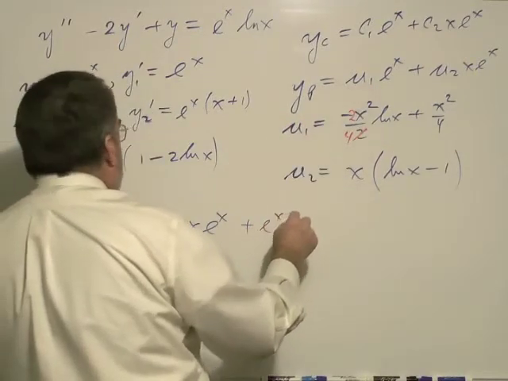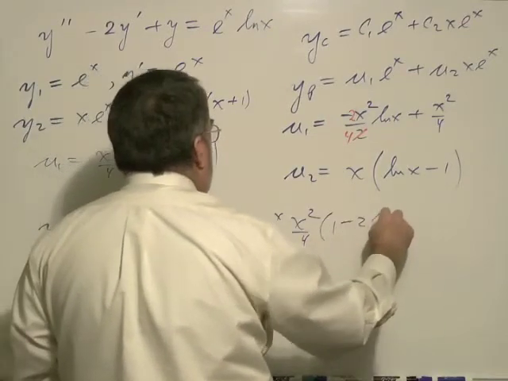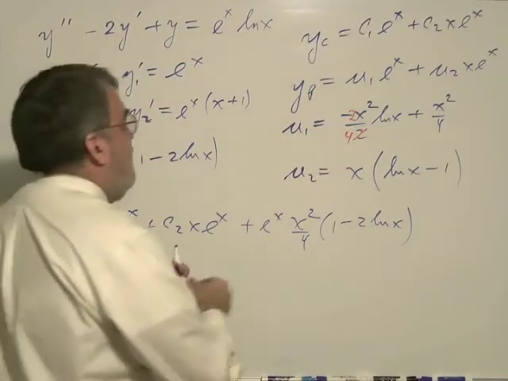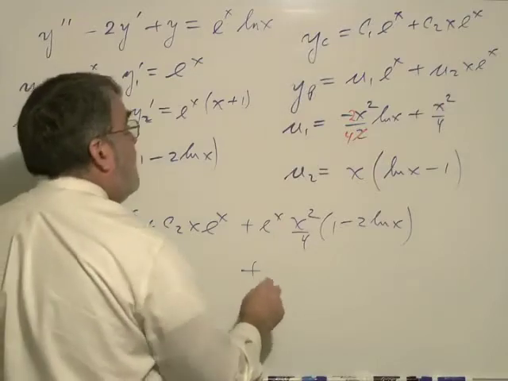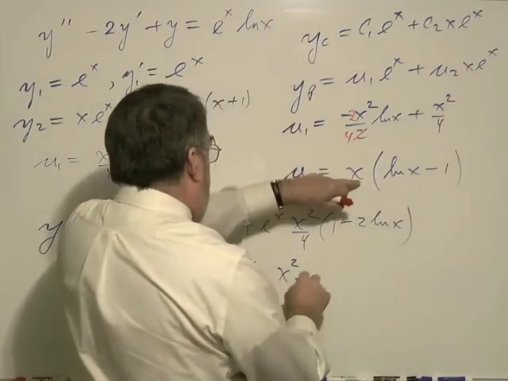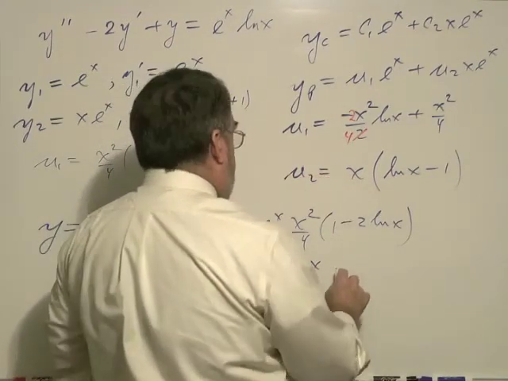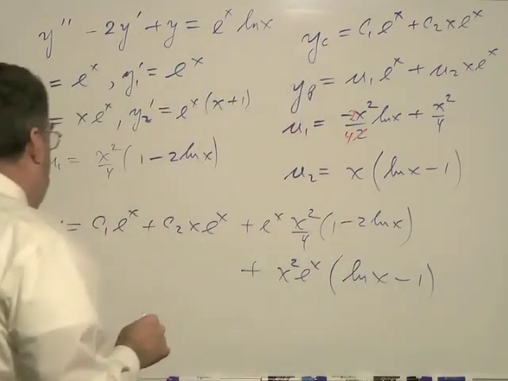So plus e to the x, x squared over 4, parentheses 1 minus 2 natural log of x. And then plus u2 times x e to the x. So that's plus x e to the x times this, which would be x squared e to the x times parentheses natural log of x minus 1.